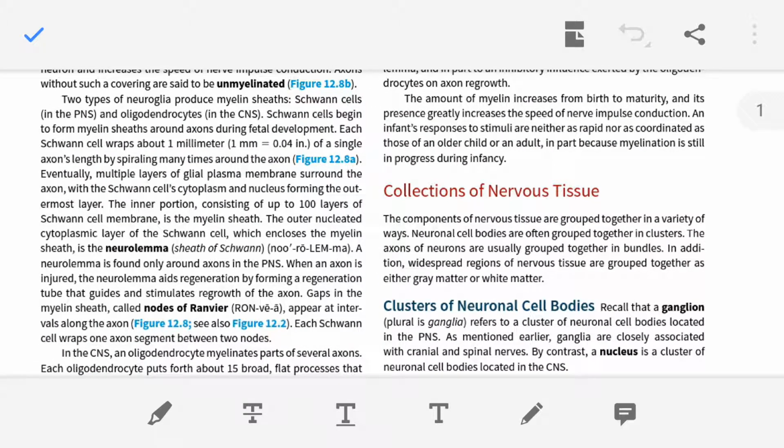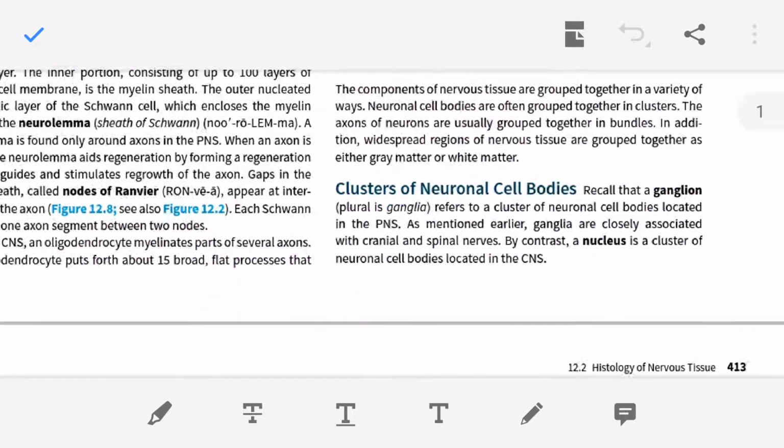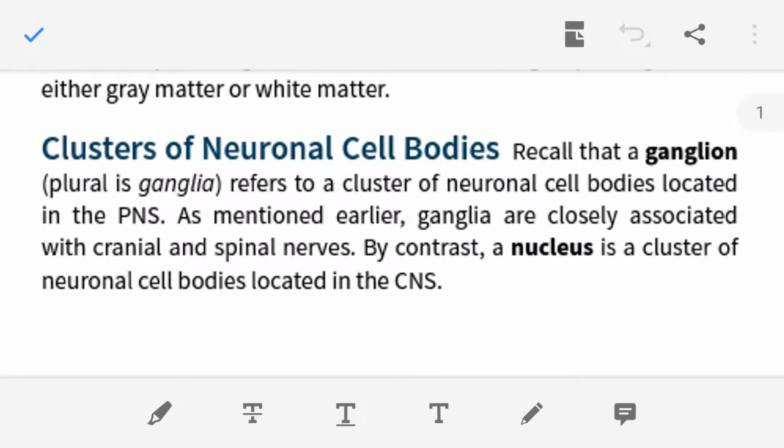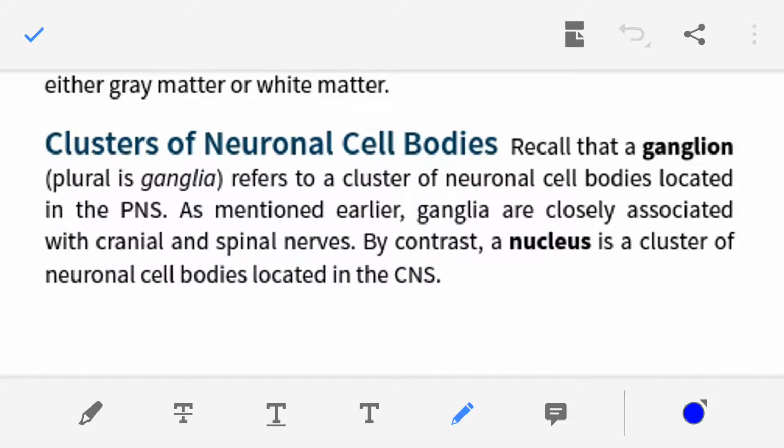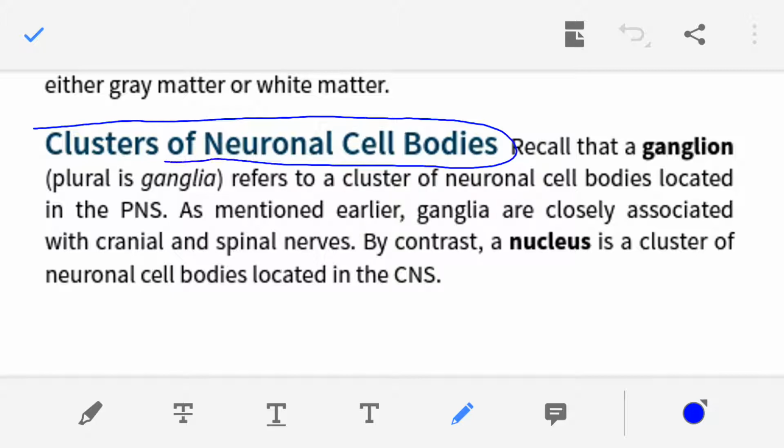So let's start with the ganglia. Now what are the ganglia? Ganglia are clusters of neuronal cell bodies. The cell body is also known as the soma or the perikaryon. So a cluster of cell bodies is known as a ganglion, and the plural is ganglia.